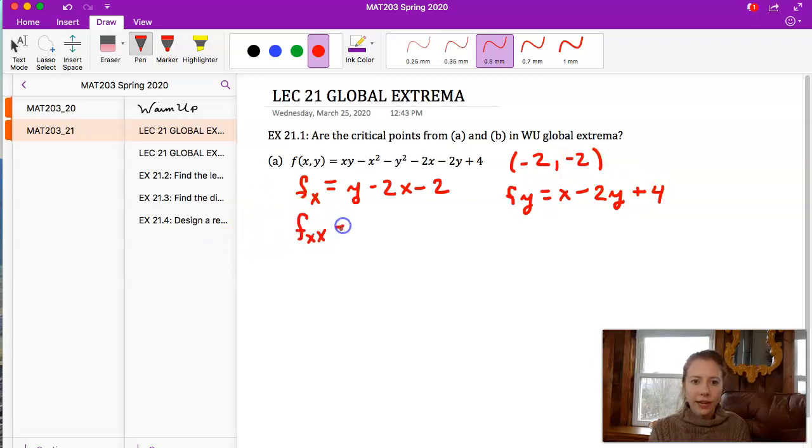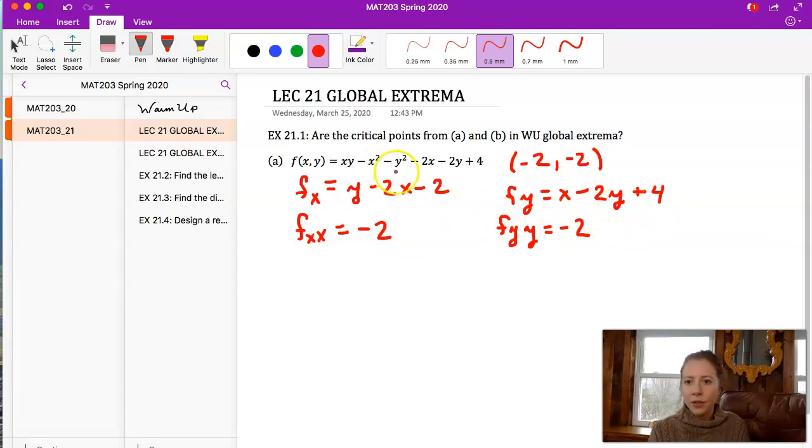So with respect to x, we're going to have minus 2. And with respect to y, we're also going to have minus 2.